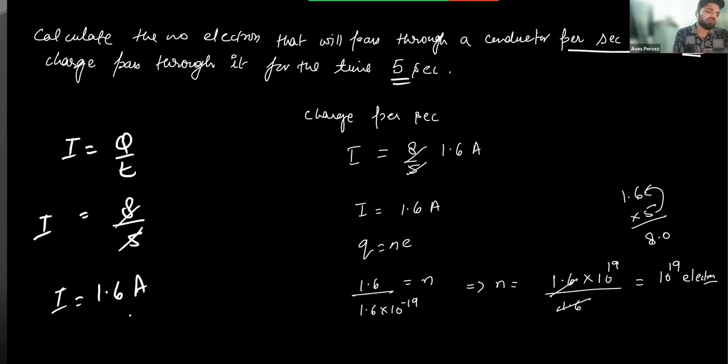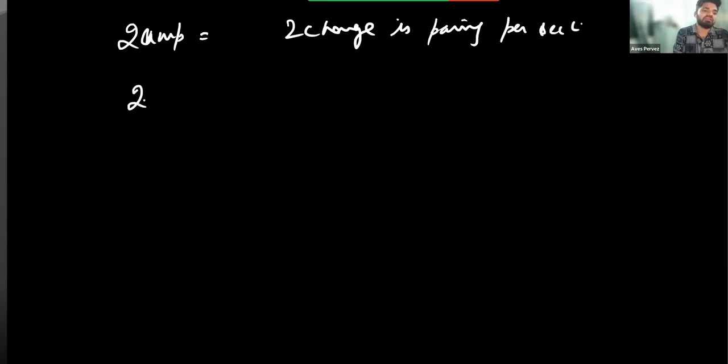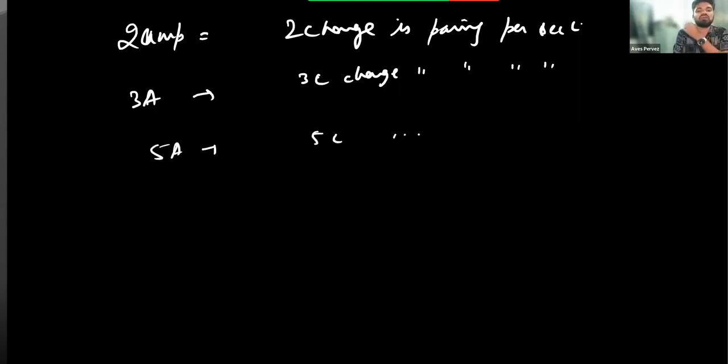Okay. So if 2 ampere current passes through a conductor, it means 2 coulomb charge is passing per second. If I say that 3 ampere current flows through a conductor, it means 3 coulomb charge is passing per second. 5 ampere means 5 coulomb charge is passing per second.